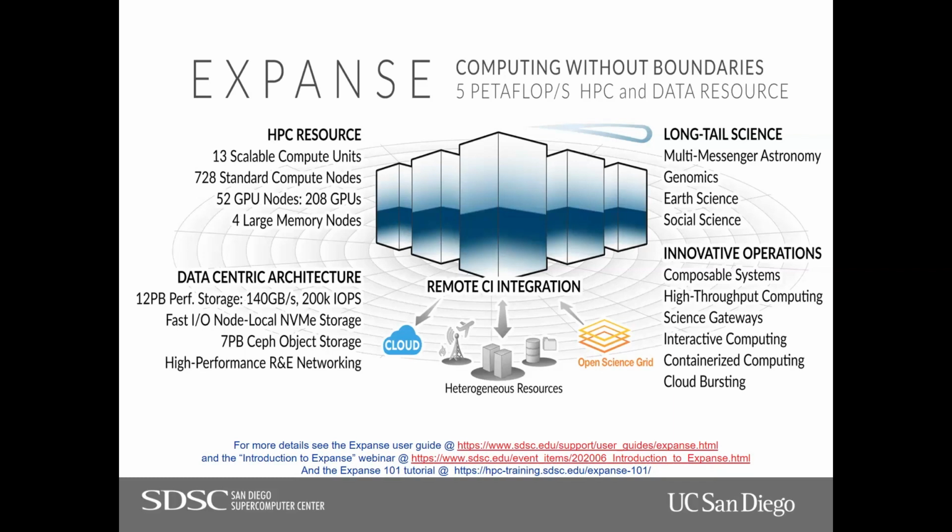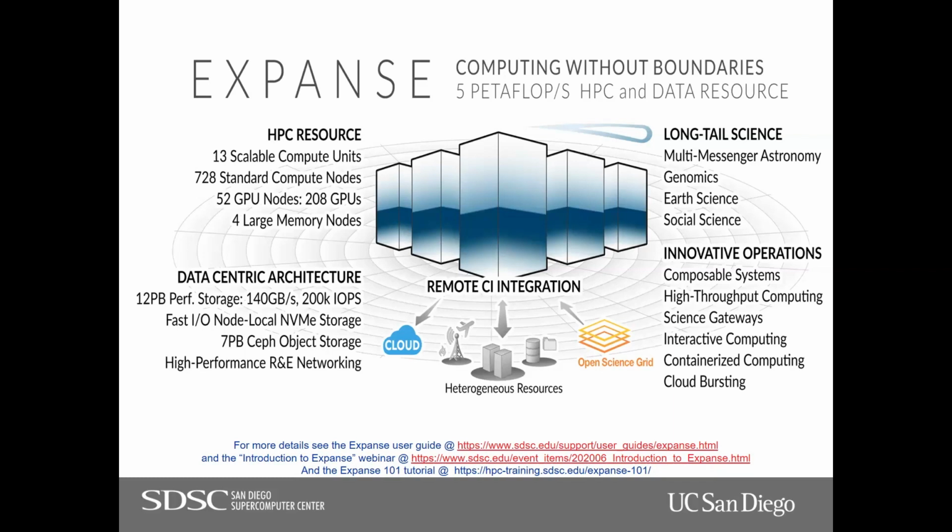They can go through a portal and you have some team that installs your application in the back end, and you have a large community of users that just run jobs through the gateway, and they're really happy. They don't want to develop the model. They just want to analyze their data. So that's a gateway. And then container computing, interactive computing, I'll talk briefly about that, and cloud bursting.